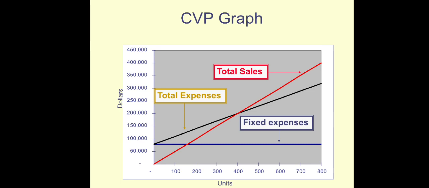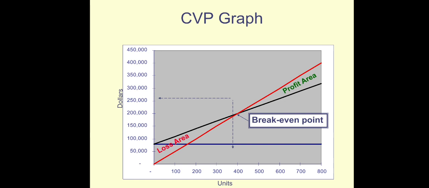Okay, this graph shows the relationship between cost, volume, and profit graphically. You can see here, the break-even point is the point where total revenue equals total cost.